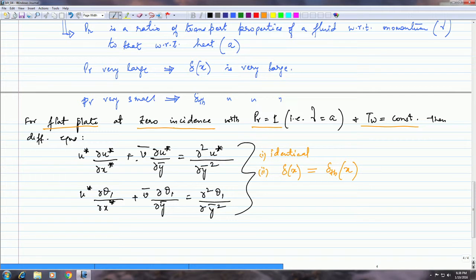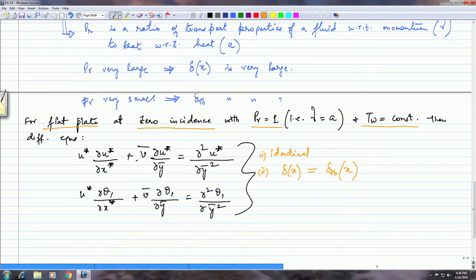So now what we're going to do is continue on this a little bit and talk about two very important limiting cases, right. One is when the Prandtl number is very large, and secondly, when the Prandtl number is very small. Okay, so you have an idea what that means.